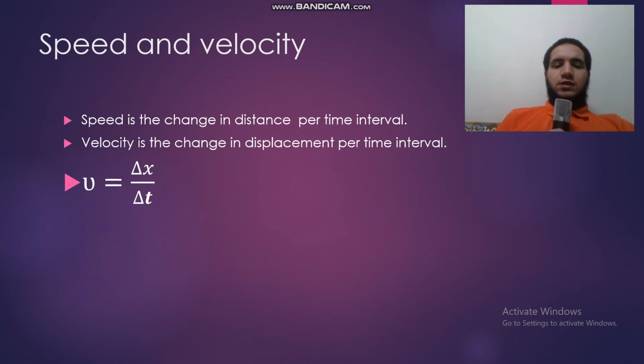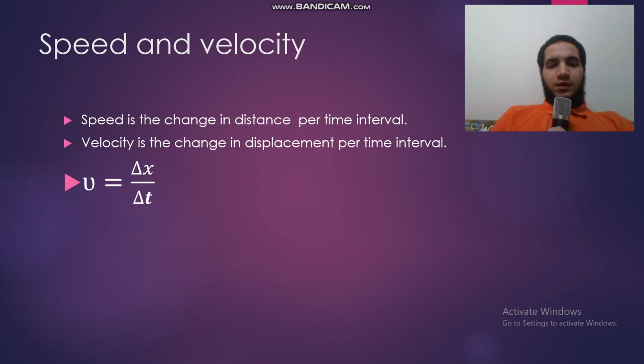But velocity is the rate of change of displacement. As long as displacement is a vector quantity, it can be positive or negative, but time is always positive, so we will have velocity as a vector quantity that can be positive or negative depending on the direction, and it is stated as v equals delta x over delta t, where delta x is the difference between maybe displacement and maybe distance, and delta t is the difference between time, which means time interval.